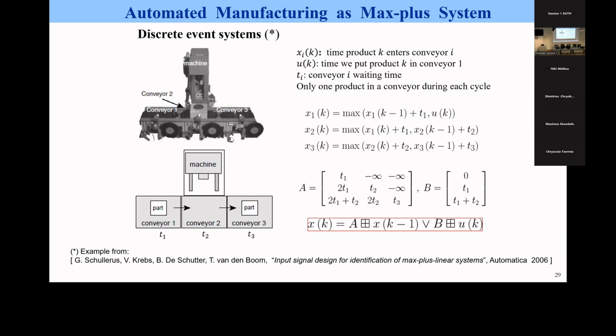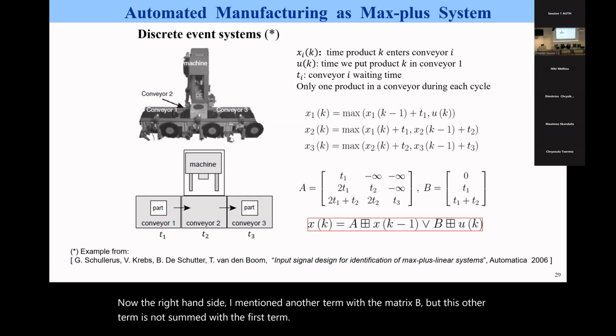Now, I mentioned another term with a matrix B, but this other term is not summed with the first term. It's maxed.